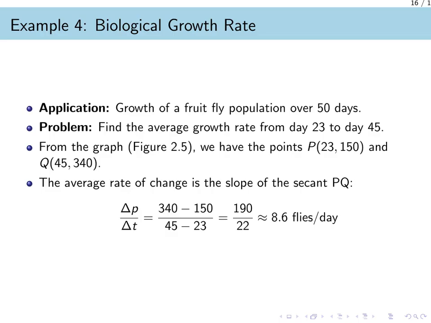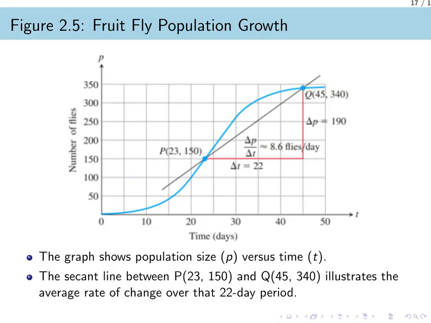Remember, this is the average across the entire 22-day period, not the specific rate on day 23 itself. The key takeaway is that the average rate of change is simply the slope of the secant line between your two data points.